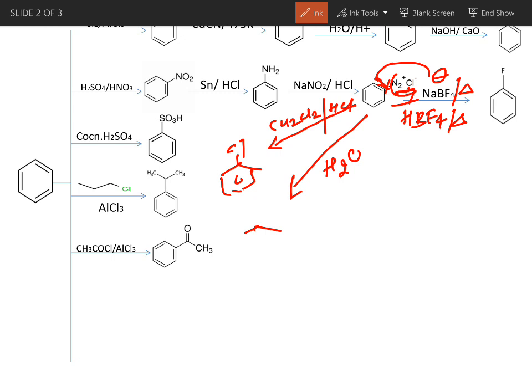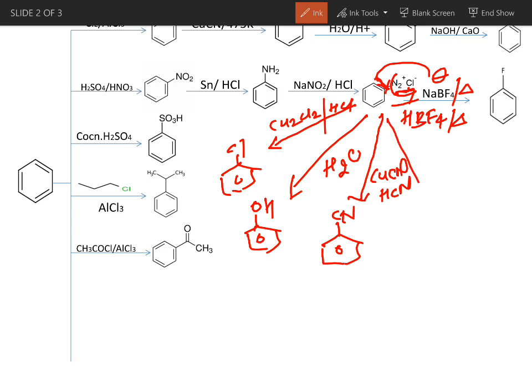If benzene diazonium chloride is further reacted with water, the compound formed here will be phenol. If benzene diazonium chloride is reacted with CuCN in presence of HCN, it will form benzene nitrile, cyanobenzene. If benzene diazonium chloride is reacted with potassium iodide, it will form iodobenzene.